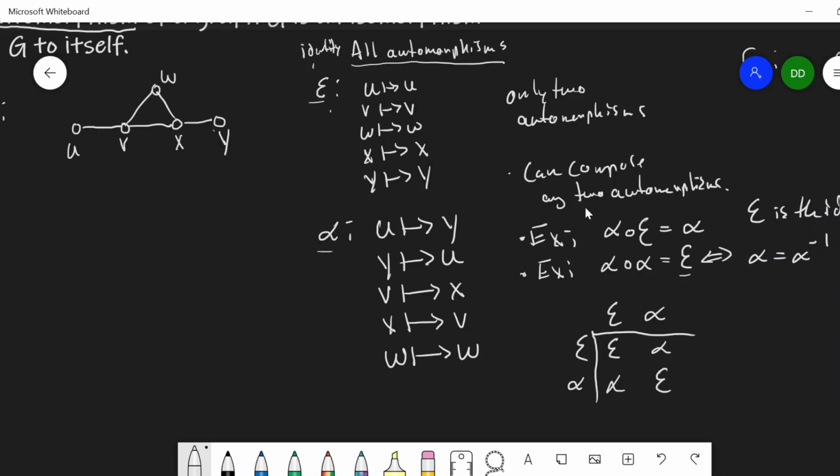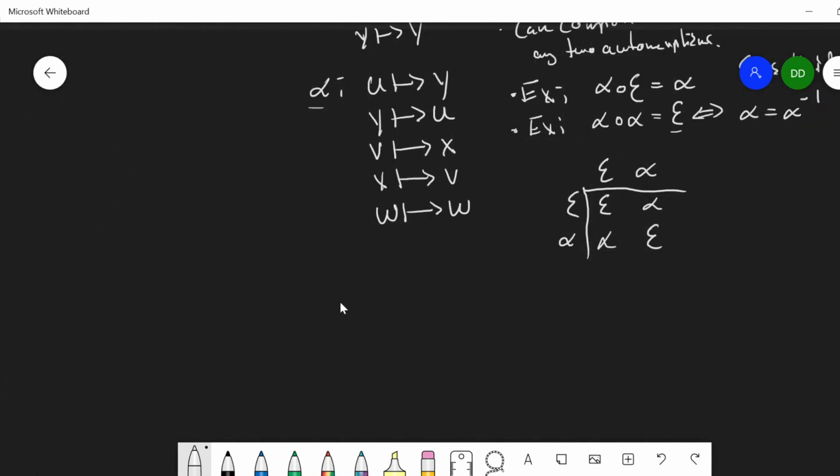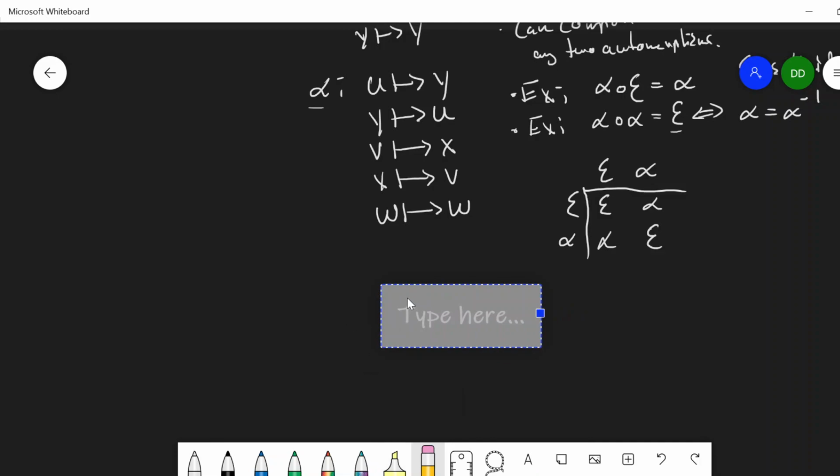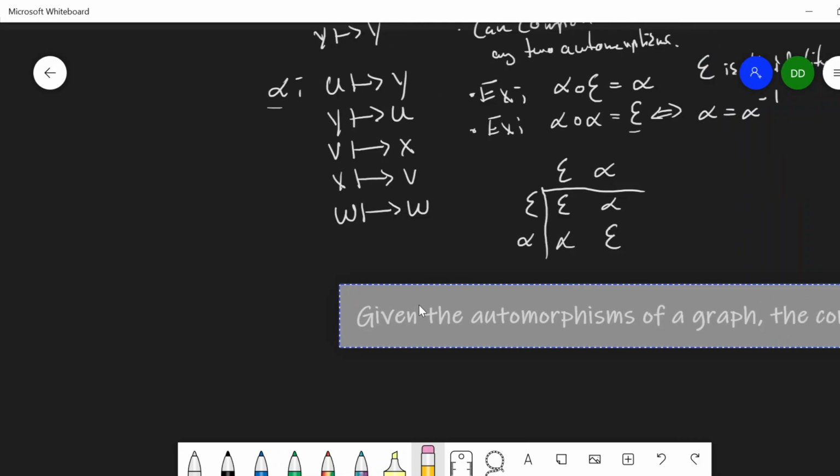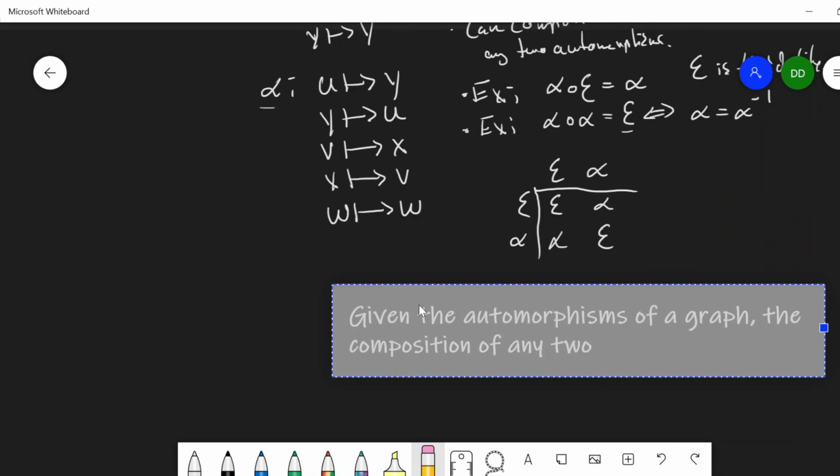So this is going to be true in general. Let me write this down. Given the automorphisms of a graph, the composition of any two gives us another automorphism.